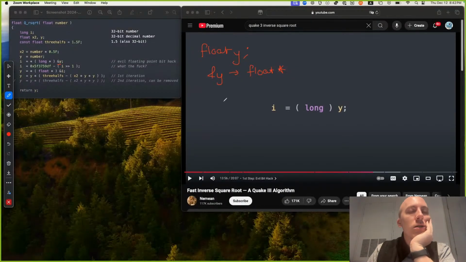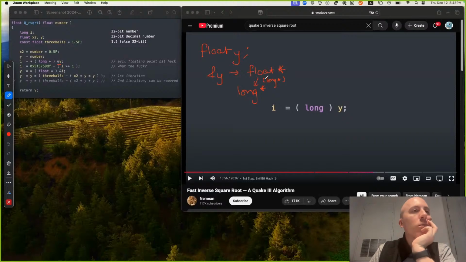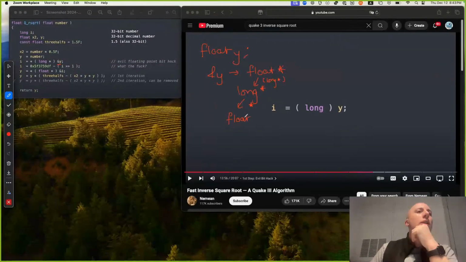And so then we just cast it to a long pointer. And then we just dereference that, and we get the float back. What is I?